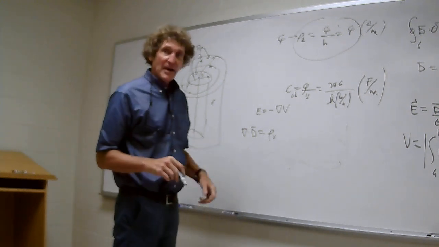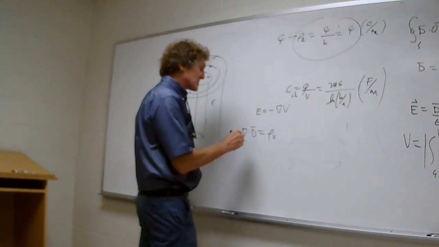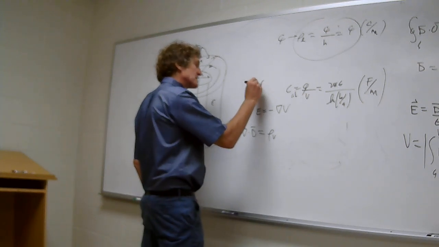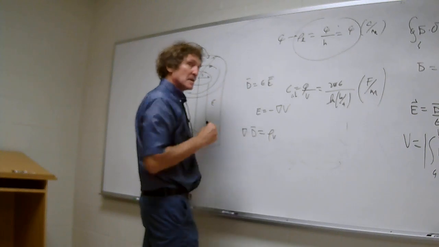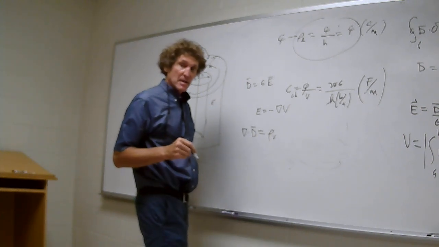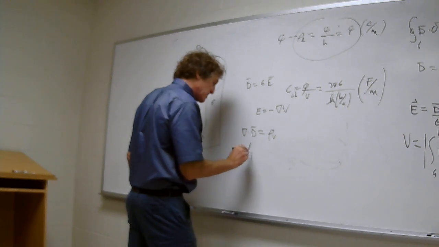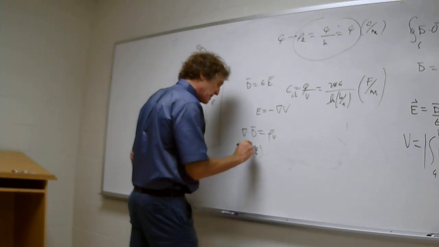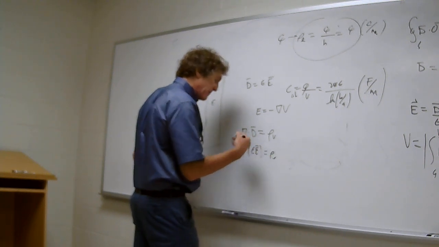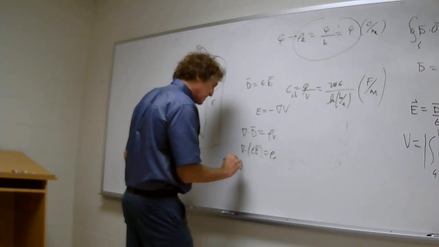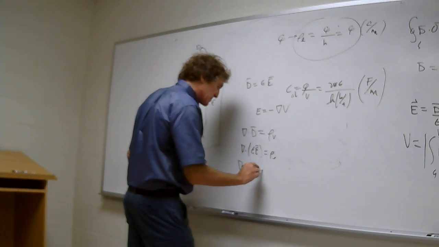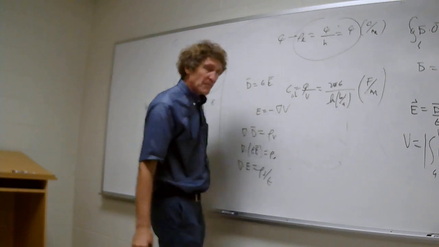All right, so I have that. Now what's D? Well, D is epsilon E, isn't it? So if you take a look at this, this becomes divergence of epsilon E equals rho V. If epsilon's a constant, divergence of E is rho V over epsilon. Do y'all follow me on that?